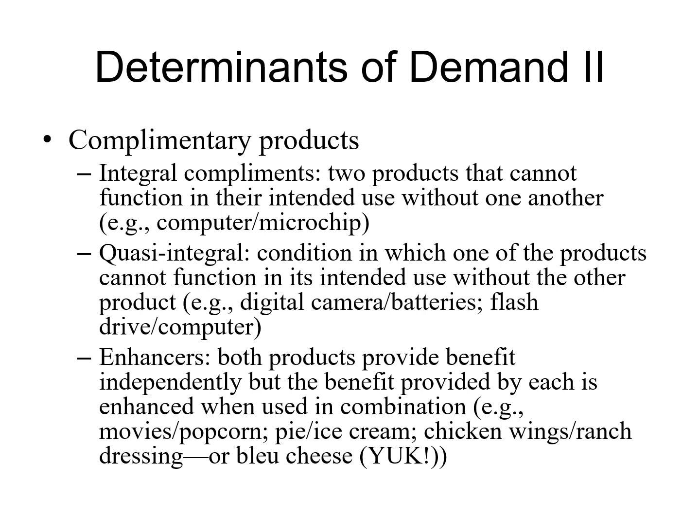Okay, and this is specifically true of the integral complements. So if the price of computers goes up and therefore the demand for it goes down, well, then the demand for microchips is going to go down. This is something we deal with in technology markets.